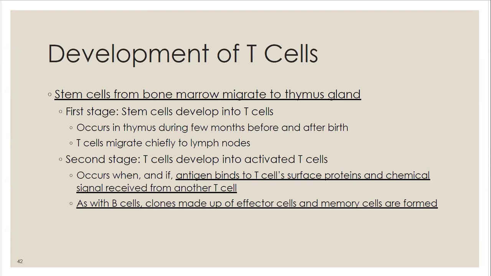You have your effector T cells, which actively combat the antigen by targeting infected or abnormal cells, and memory T cells, which remain in the body and provide long-term immunity by responding to the same exposure. This 2-stage development ensures that T cells are prepared to mount a precise defense against pathogens and abnormal cells.